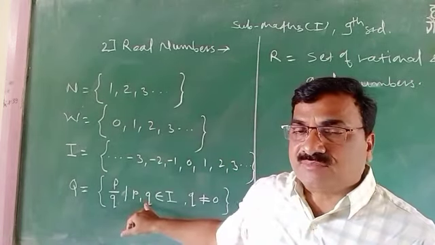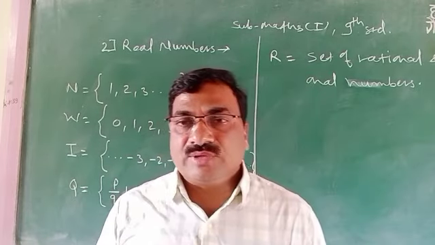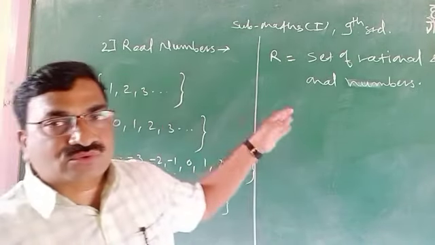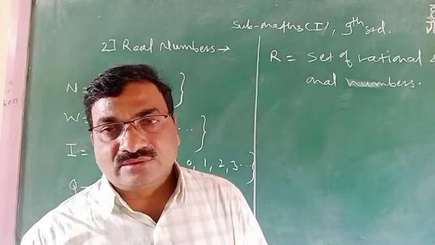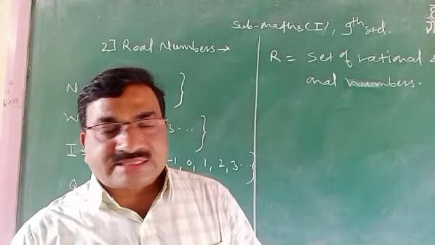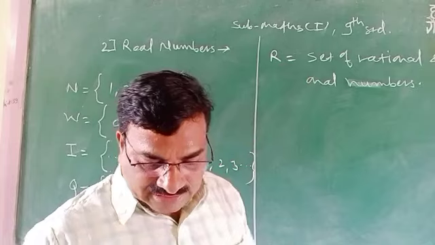These are the rational numbers. And then suppose we are including the irrational numbers, √2, √3, √5. These are the irrational numbers. The set of rational and irrational numbers is the real numbers.